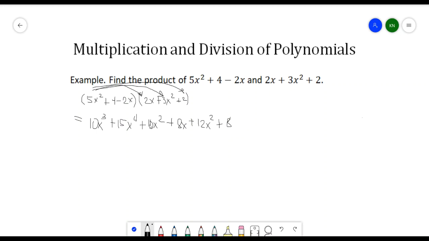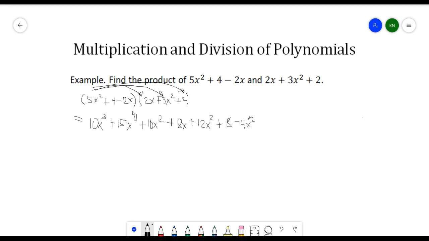Now continuing the same process with the last term, so we have negative 2x times 2x, that is negative 4x squared. Now you really have to be careful with the exponent, class, because once you forget the exponent of this one, it is very confusing to trace which term you have gone wrong on, how you have solved it wrong.